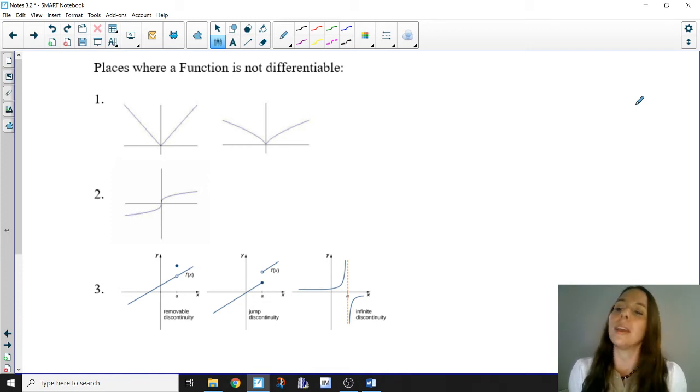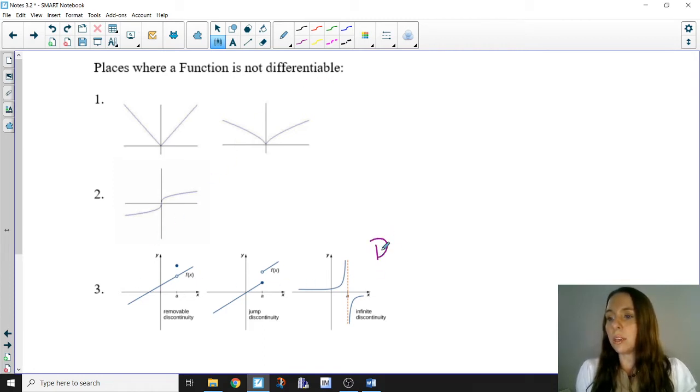All right, anyway, let's jump down here to number 3 because that's something that we were just dealing with. Anytime you have any type of discontinuity at a point, then your function is not going to be differentiable at that point. So we'll just label number 3 as any type of discontinuity. You have plenty of examples there to look at, right?